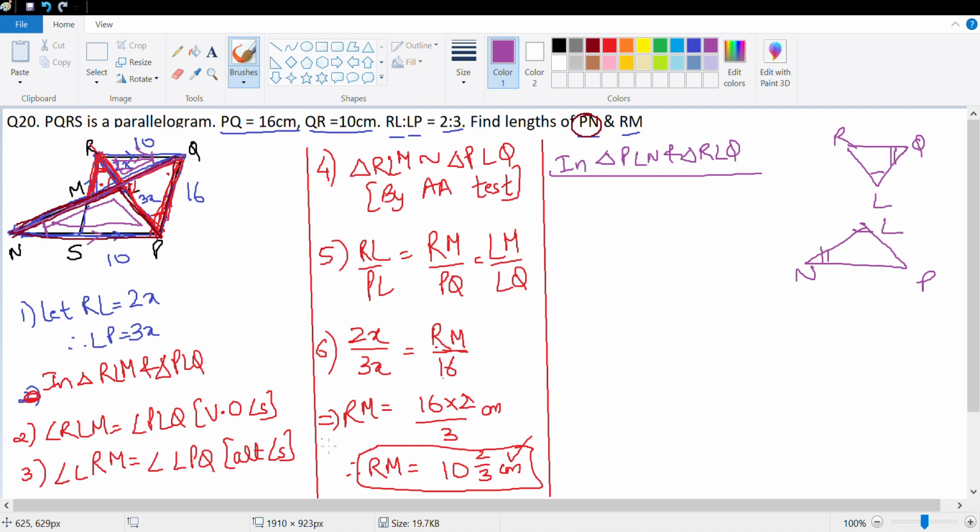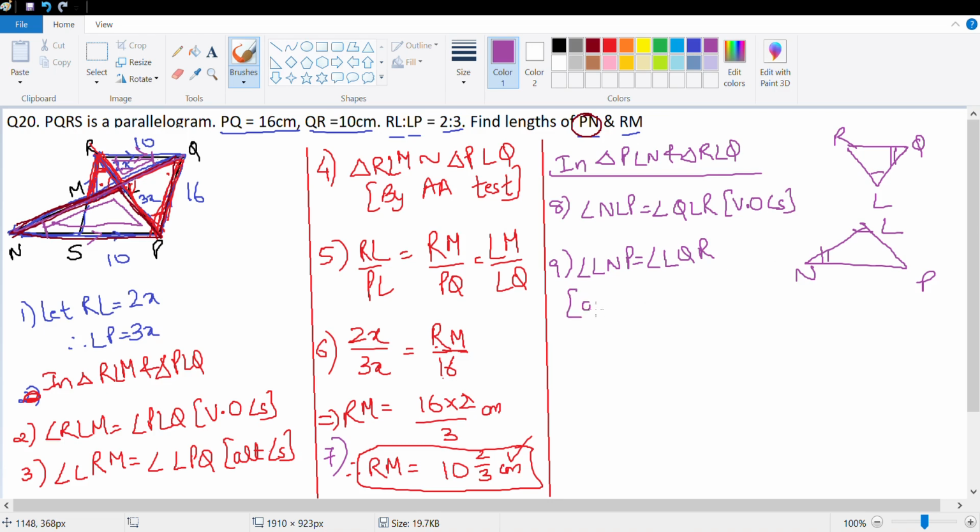So this is point number 7. Point number 8 would be angle NLP is equal to angle QLR, vertically opposite angles. Next, angle LNP is equal to angle LQR.